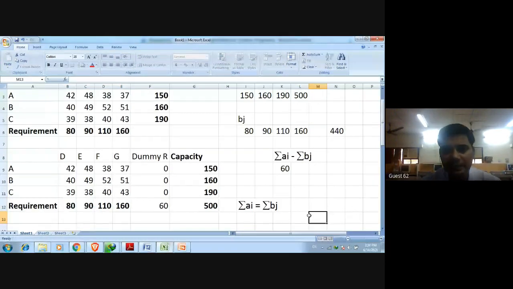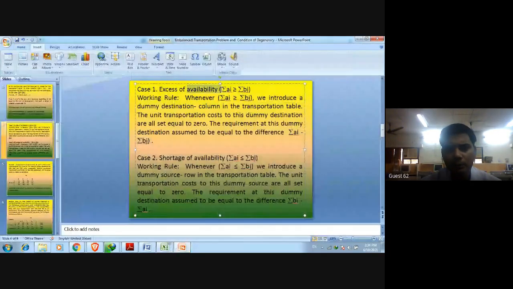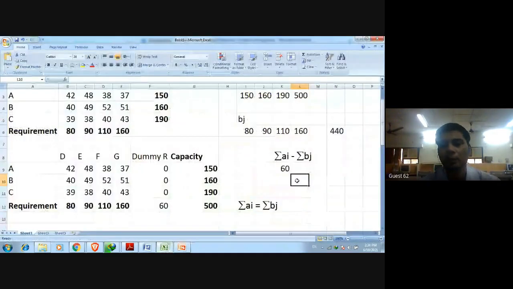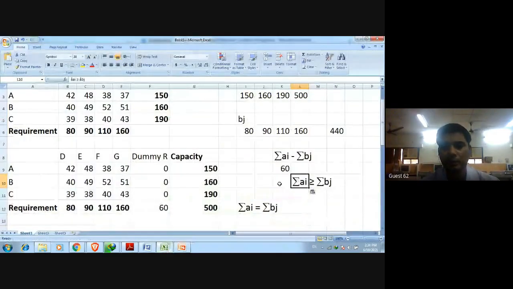Previously the condition was this, before, after.